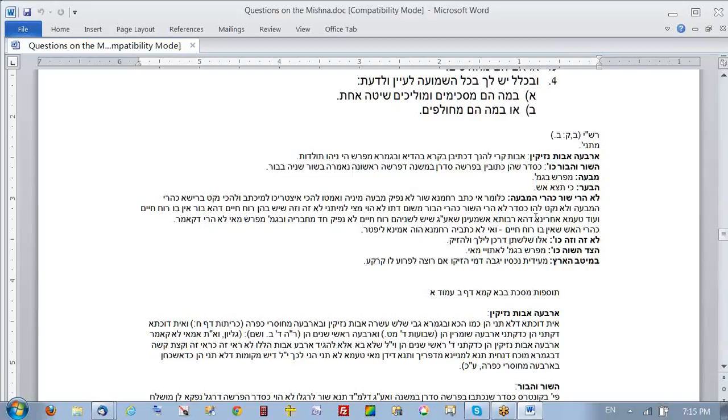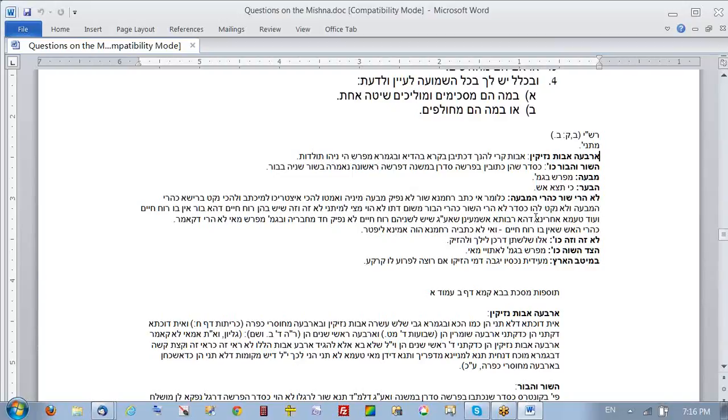So I'm putting you on the spot there. Arba avot nezikin, avot kari lahanich dikhtivan bekra behedya. So the avot that are mentioned here are the ones that are written explicitly in the Torah.